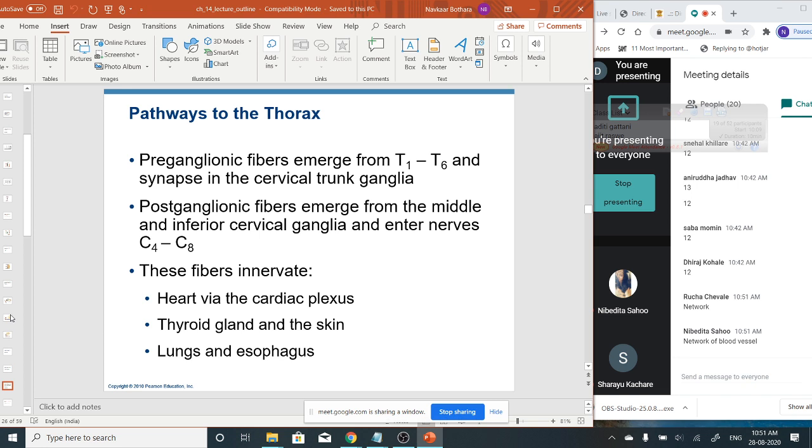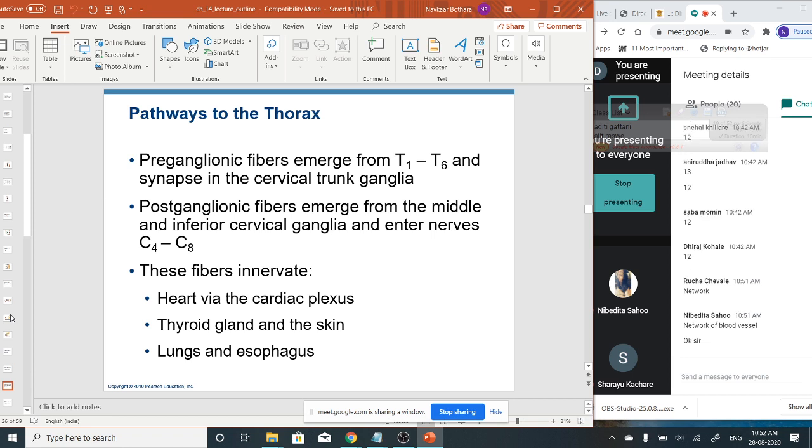Here the cardiac plexus means it is neurons. So as was told, it is simply a network. It can be a network of neurons or a network of blood vessels. Any network is simply a plexus.